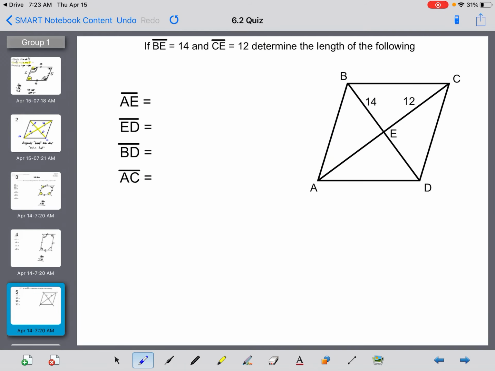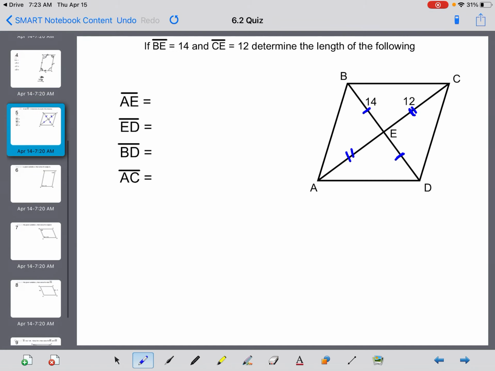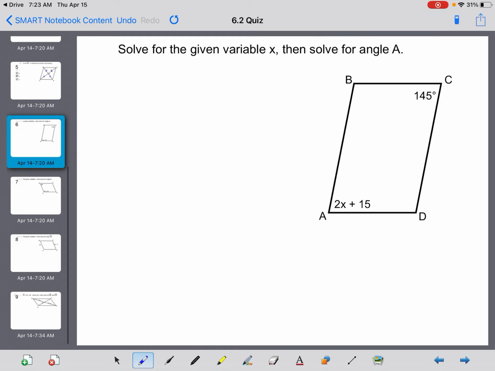Okay? Use that train of thought right here. If BE is 14, ED must also be 14. If CE is 12, EA must also be 12. Okay, so why don't you write those answers in? Next, it says solve for the given variable x. Well, I have an angle at angle A, and we have an angle at angle C. And these are opposite angles.